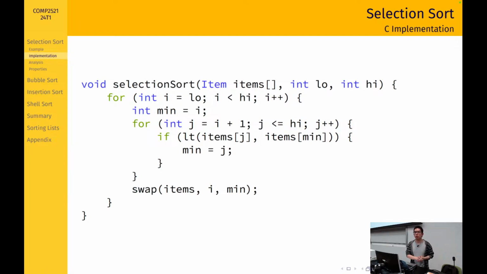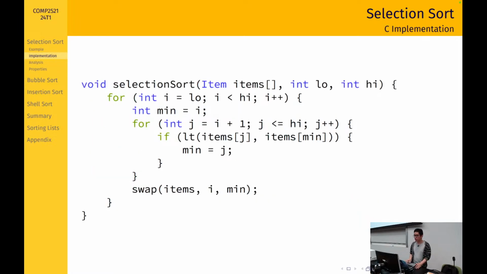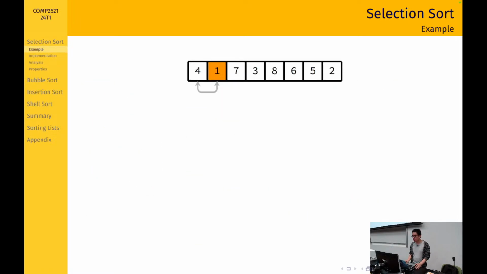Question: can you explain how you got C equals this expression on the next slide? It comes from adding up all the comparisons during each iteration. During the first iteration, we're looking for the smallest element, and that takes n-1 comparisons because we start with the first item and compare it with the rest.